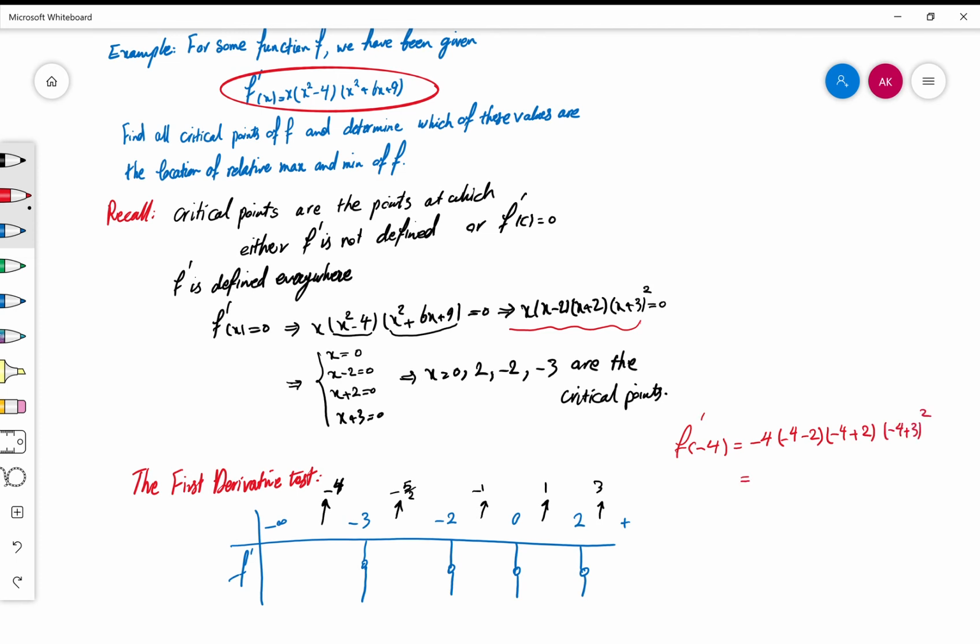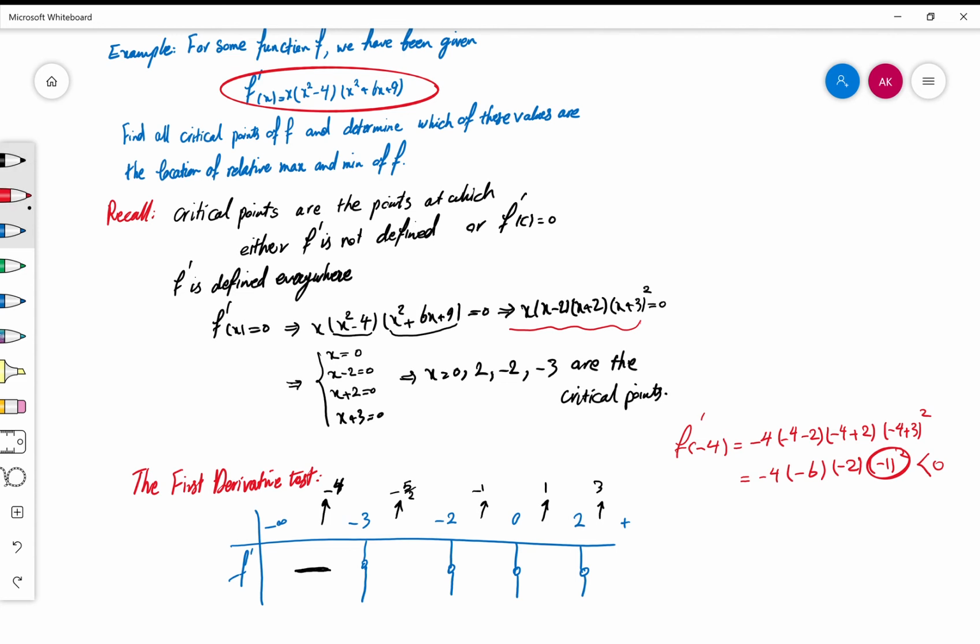This is negative 4 times negative 6 times negative 2 times negative 1 squared. You see that the square will be positive, and this is negative, negative, negative. 3 negative signs will give me a negative number. So f prime at this interval is negative.